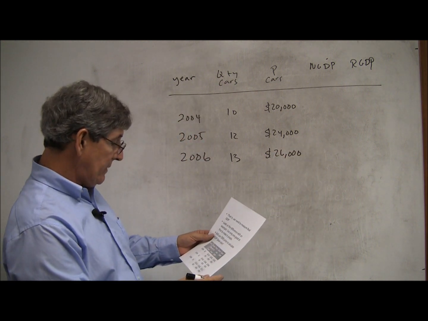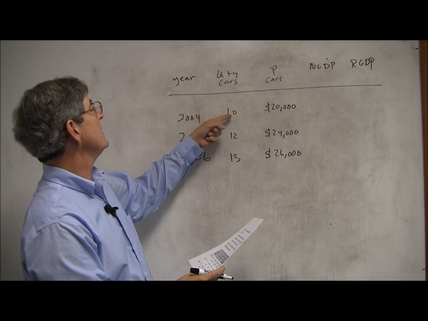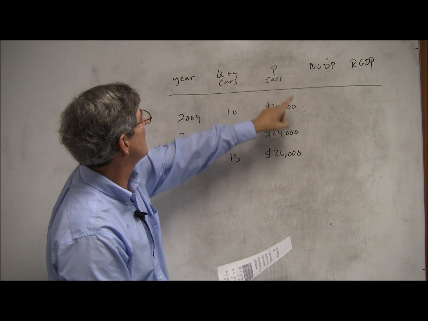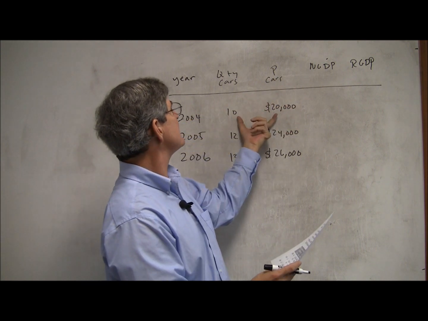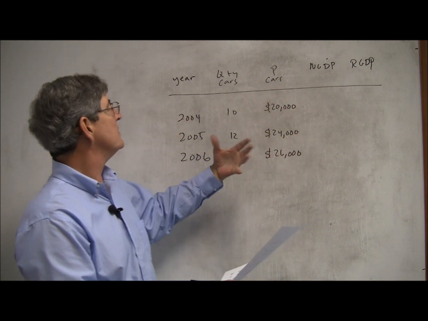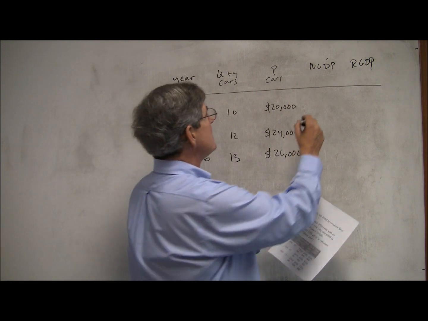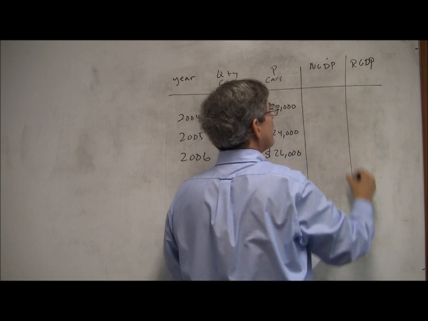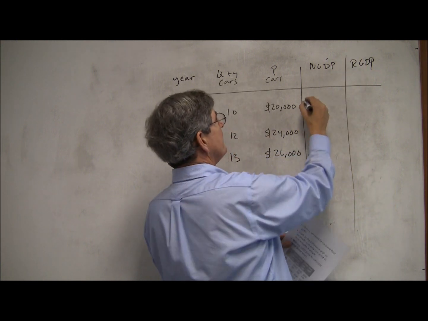So nominal GDP in each of these years, there's only one good in the economy. If there were two goods, we'd just do the same thing for both goods and add them up. We take price times quantity. So in this year, the nominal GDP is 200,000.